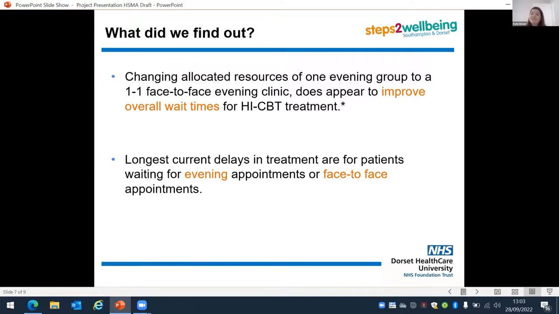It actually looks slightly different this time around, but generally it is a higher number for those ones. So from asking that question, we've seen that it does seem to improve wait times by changing that evening group to a face-to-face clinic. So that helps the team that I work in to think about decision making and how we can start to do that if it's going to be helpful.